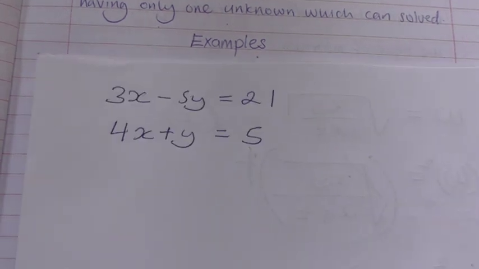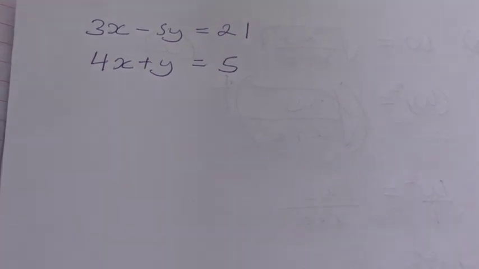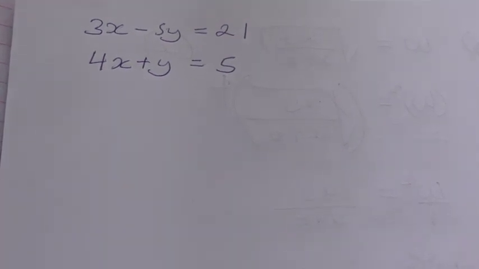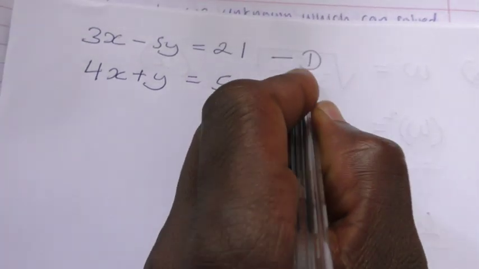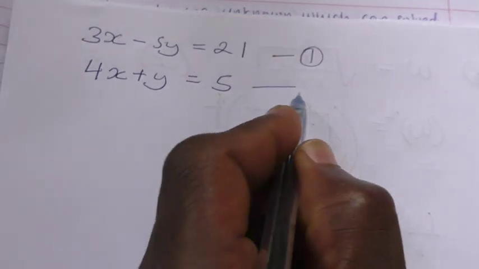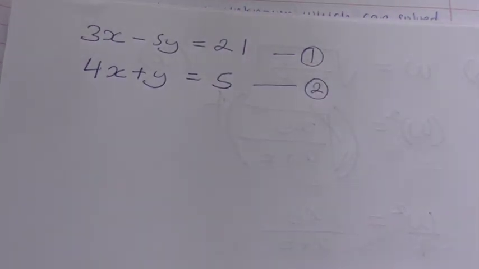We've seen that in the substitution method, we make one of the unknowns the subject in one of the equations and substitute in the other. This is how it works. Let's first start with naming our equations. This is equation 1, this is equation 2, and we are to make either x or y the subject and substitute in the other equation.